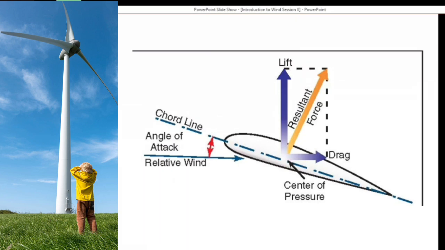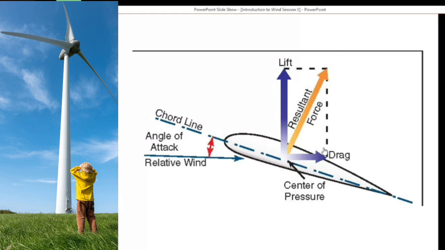So the chord line is like the center of the wind blade, and the resultant wind is coming from outside of the blade.